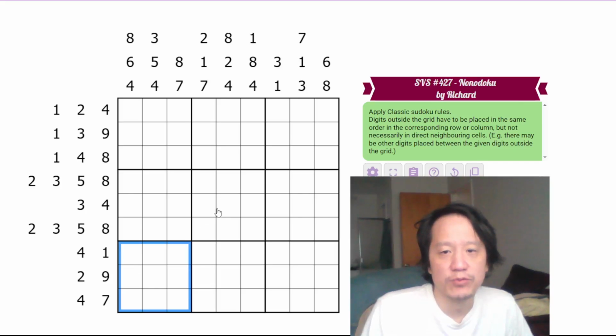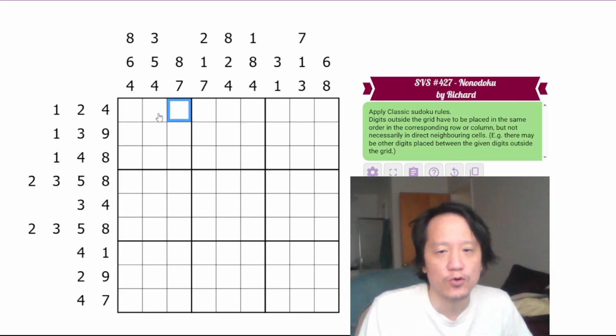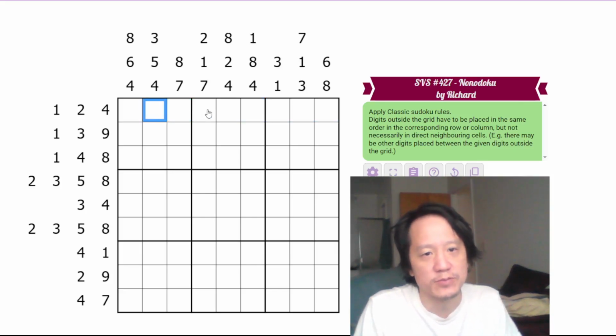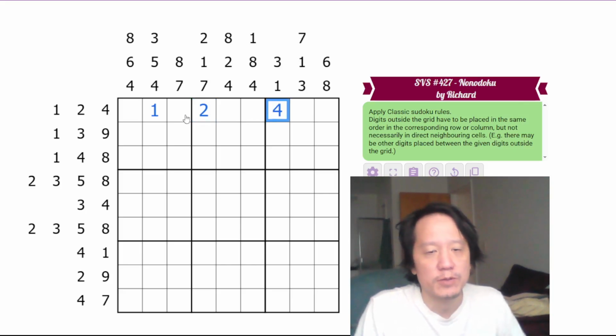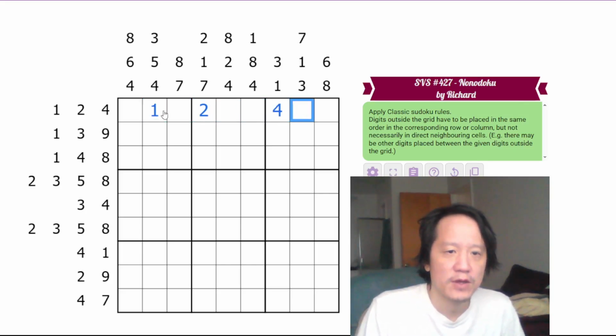Digits outside the grid have to be placed in the same order in the corresponding row or column, but not necessarily in direct neighboring cells. For example, there may be other digits placed between the given digits outside the grid. So for row 1, we must see the 1, 2, and 4 in that order specifically. So it must be 1, 2, and 4, but it doesn't have to be next to each other.